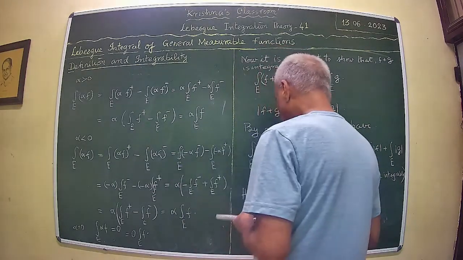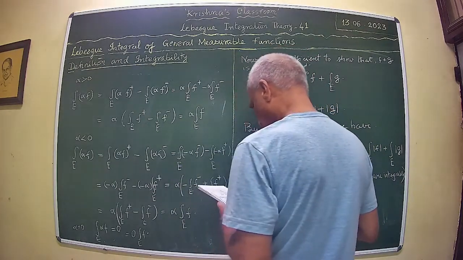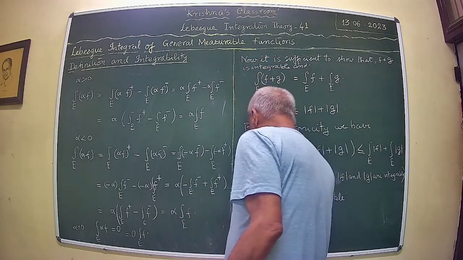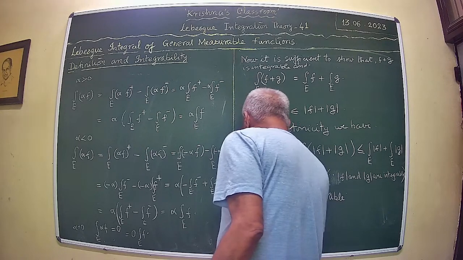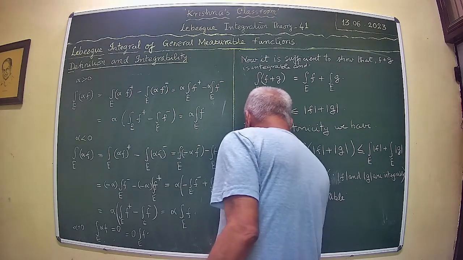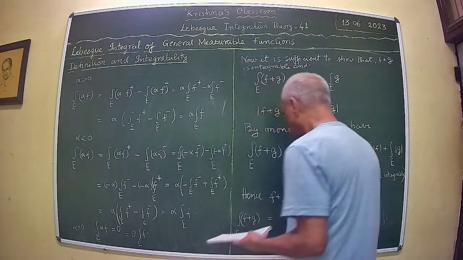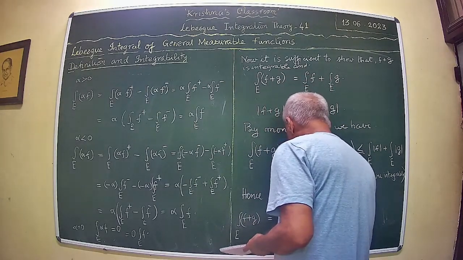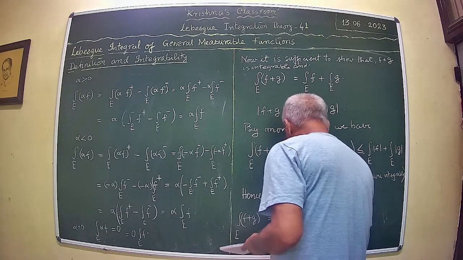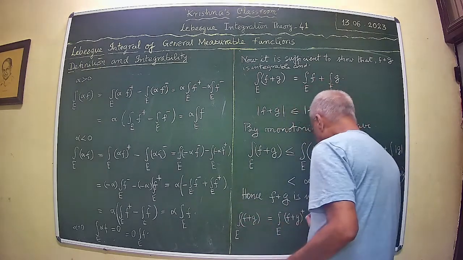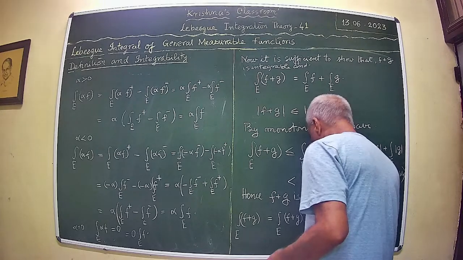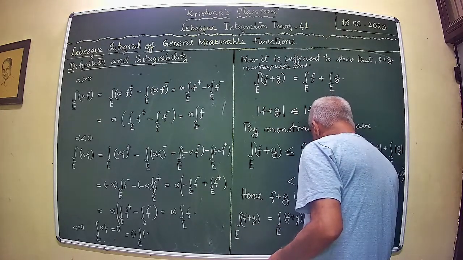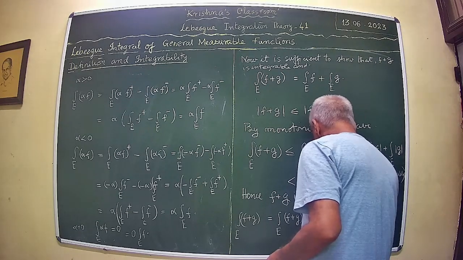Now we shall assume the following. So you see that the integral over E of f plus g, by definition, is equal to the integral over E of the positive part minus the integral over E of the negative part.